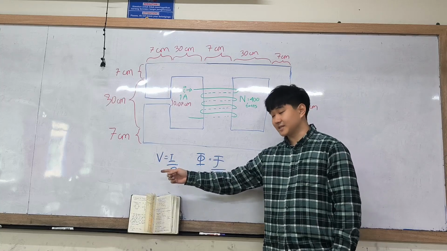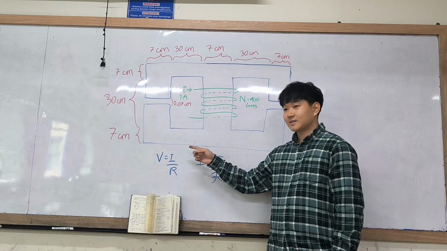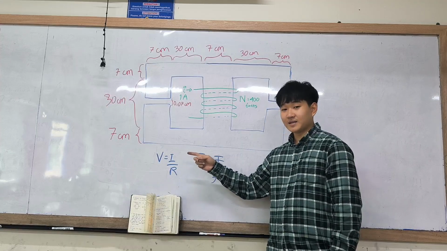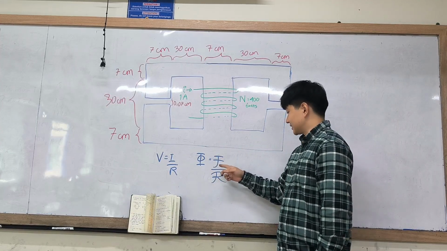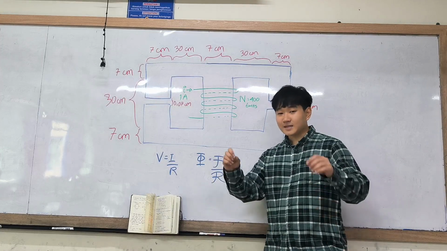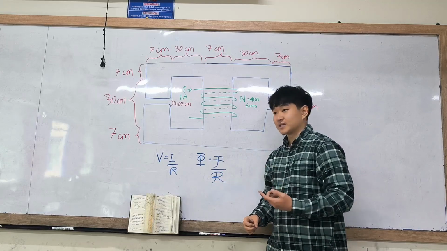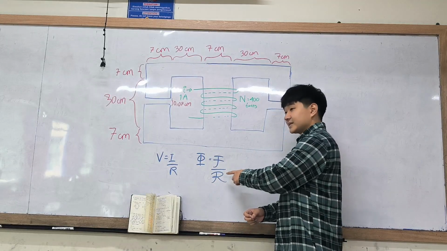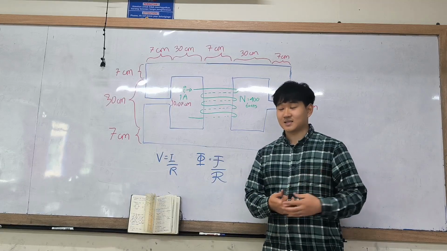The thing that is being pushed, the replacement for electrons, is magnetic flux, whereas the replacement for the voltage is the magnetomotive force. And the replacement for resistance is reluctance.